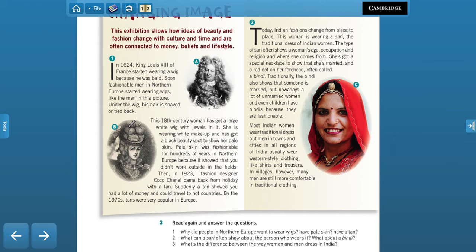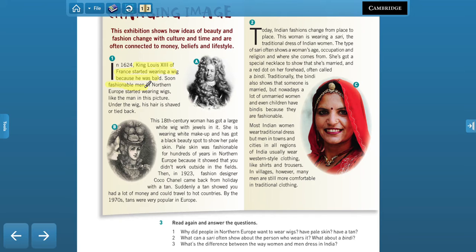So let's check. Why did people in Northern Europe want to wear wigs? Why did wigs become popular? Well, here we have that King Louis, right, started to wear wigs when he was bald, right? And then fashionable men followed this trend, because they wanted to be like the king.